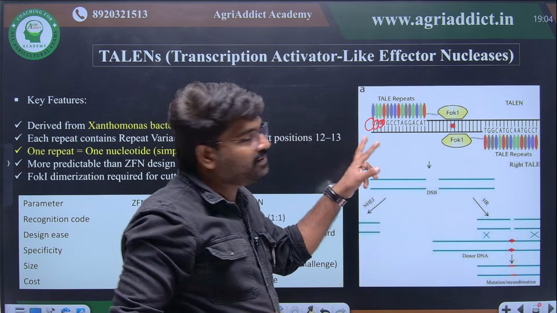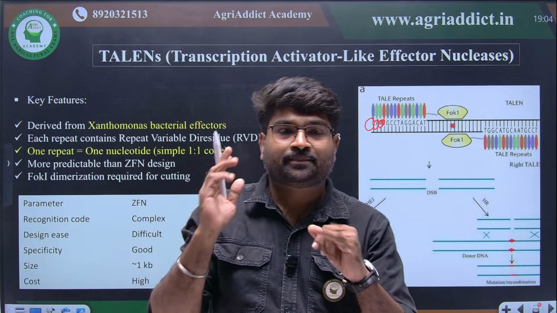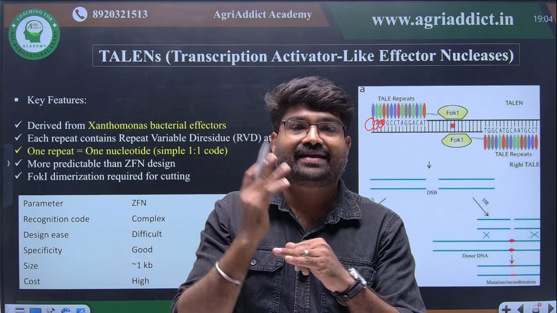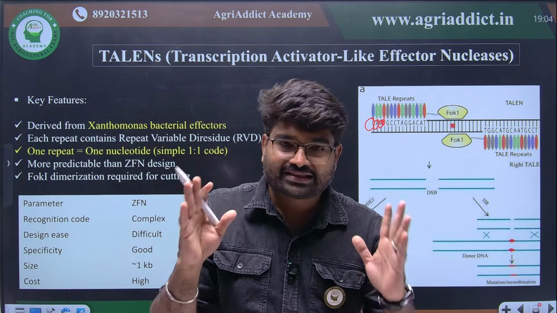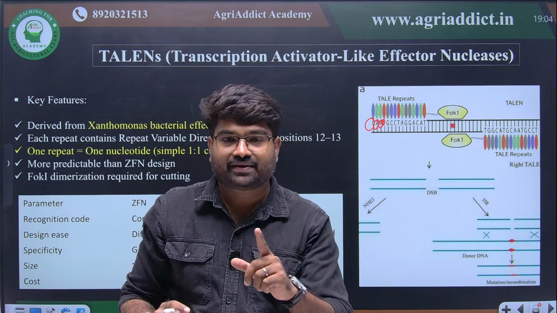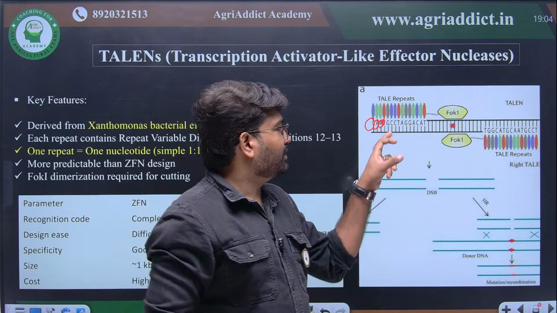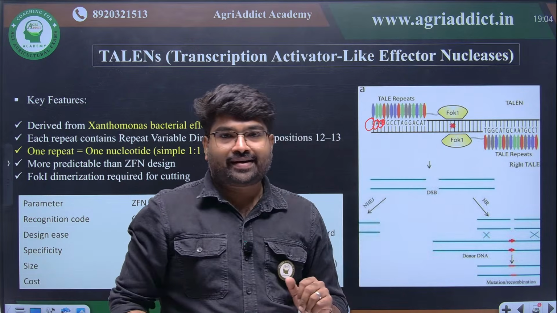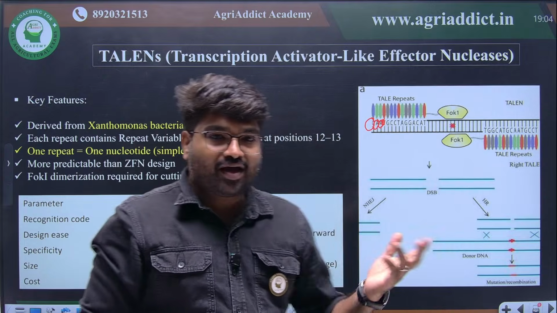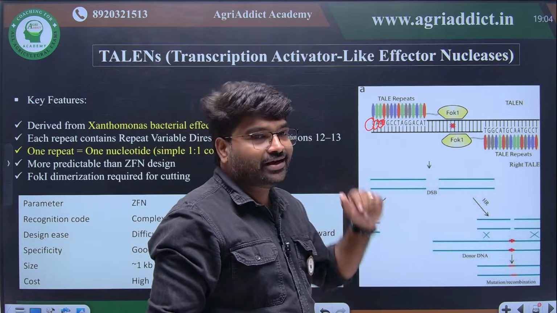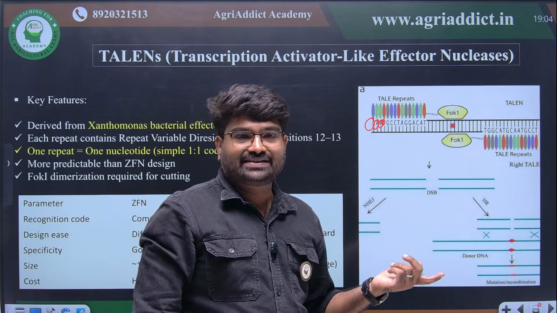Clear? This is the key difference between zinc finger nuclease and TALEN. These two are similar concepts only. Zinc finger nuclease binds three nucleotides, but TALENs bind only one nucleotide. And the same endonuclease, FokI endonuclease, is used here.